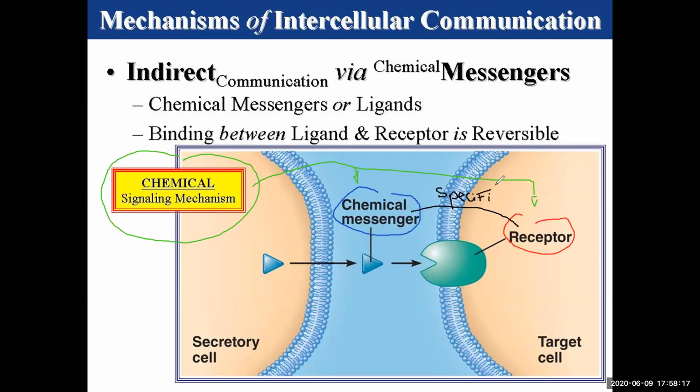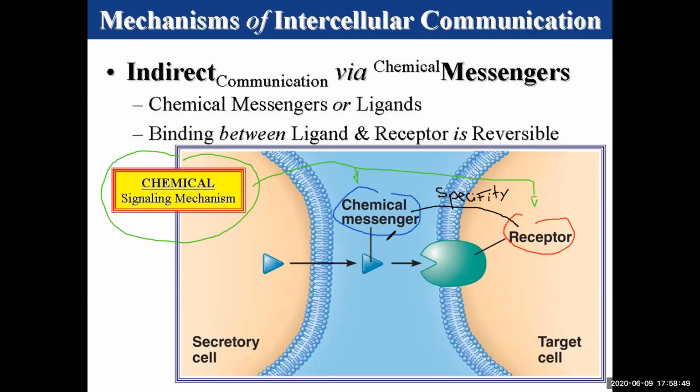The analogy here would be the lock and its key. Exquisitely specific. So high specificity between the messenger and its receptor. This is why, for example, the chemical messenger is released through the bloodstream, and then that chemical messenger will move throughout the body, yet only specific locations would respond to it.